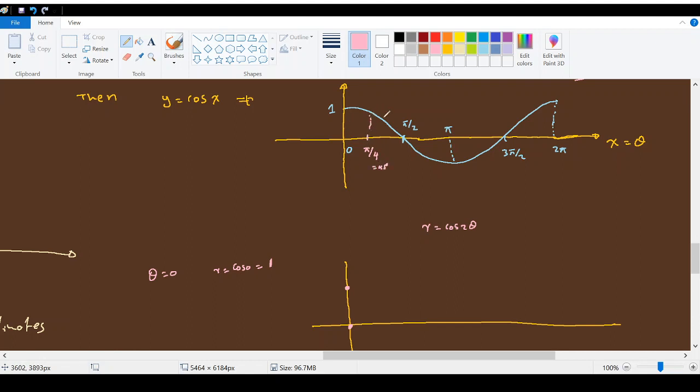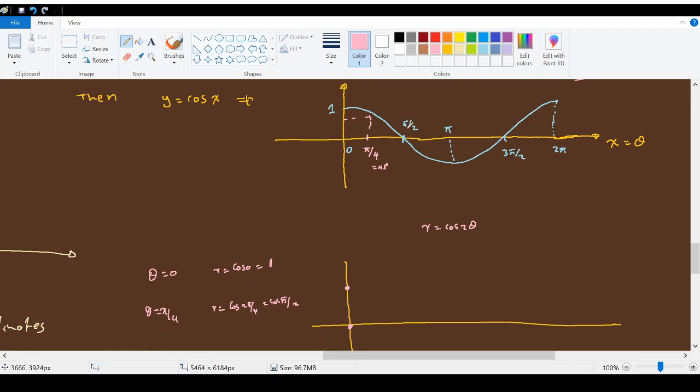Remember, cosine 45 is 1 over root 2, so it is somewhere here. But for this curve, when theta is pi over 4, r will be equal to cosine of 2 times pi over 4, because we have cosine 2 theta, and that is equal to cosine pi over 2.